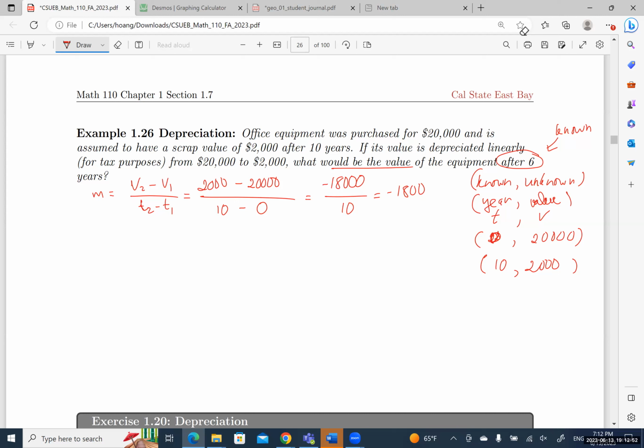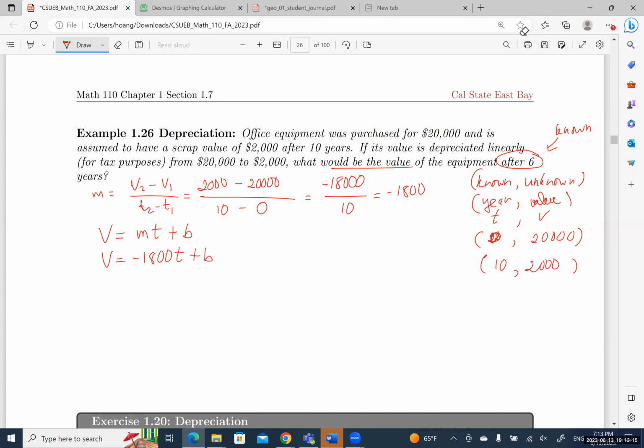Okay, so now I'm going to have this function as v equal to mt plus b, right? We have the slope already, so we can say v equal to negative 1800 times t plus b.